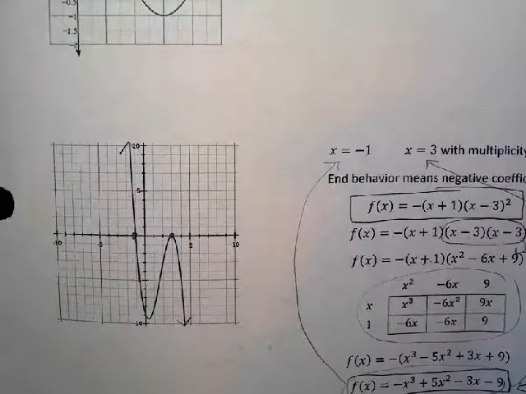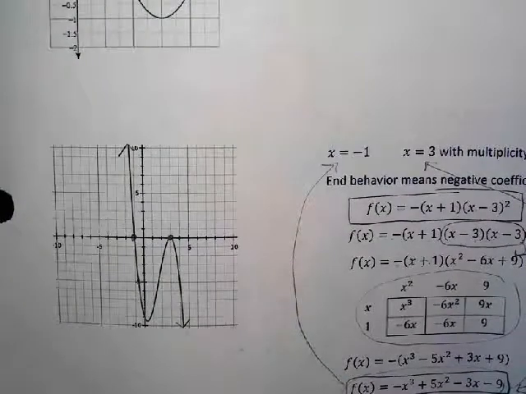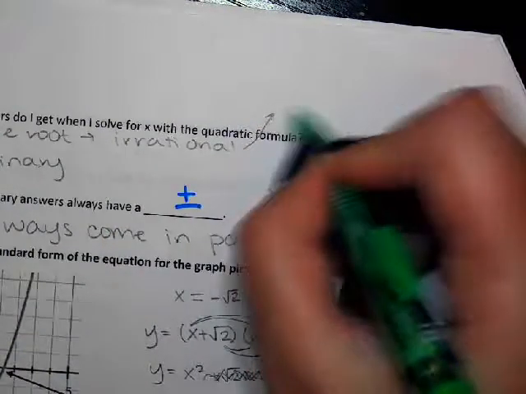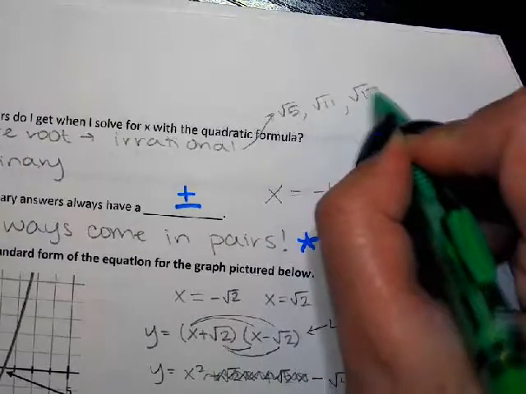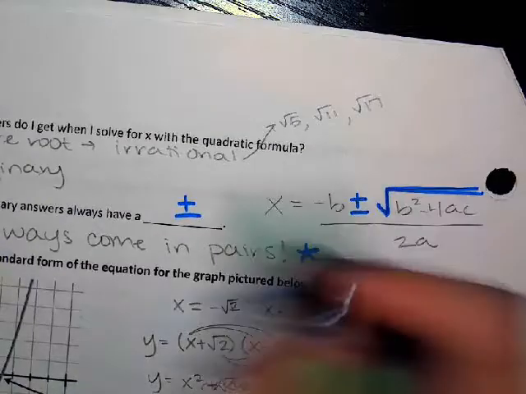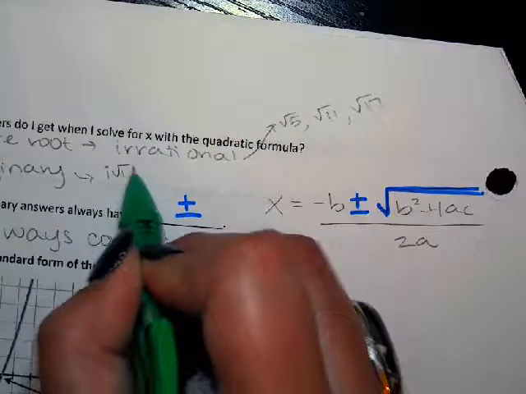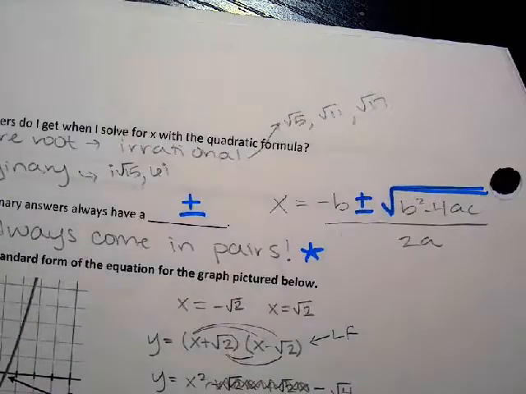So irrational is like square root 5, square root 11, square root 17. Imaginary is like the ones like i square root 15, or 6i, or something like that. So since the number negative 2 is not either of those things, we don't assume it's part of a pair. Okay? So the multiplicity of 2 just means that when they graphed it, it bounced at that part of the graph.